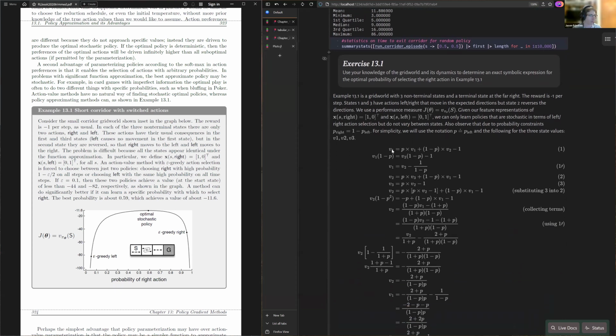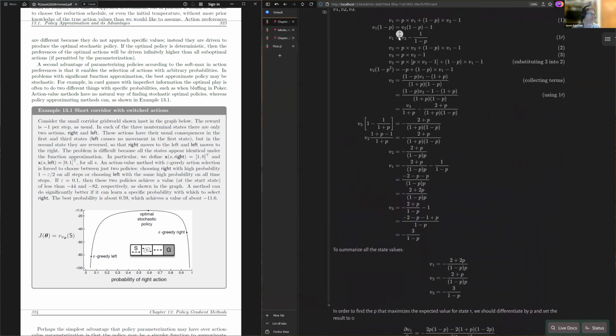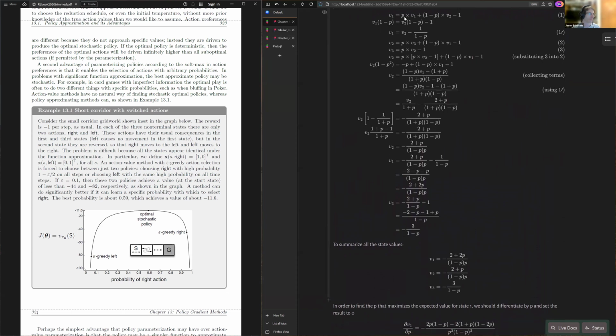So this first equation is saying that the value of state 1 is, now, if we go left from state 1, right, that's P, P left. If we go left from state 1, then we just end up in state 1. So that's why there's a V1 repeated here. And then if we go right, we end up in state 2. So this is 1 minus P times V2. And then you get a reward of -1 for every step.